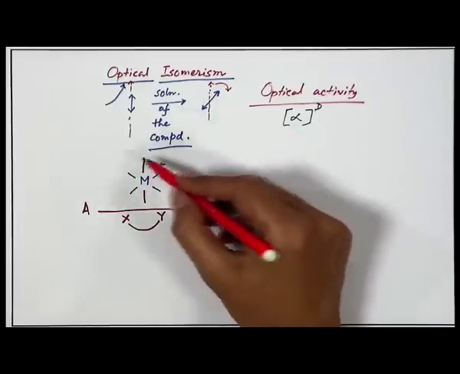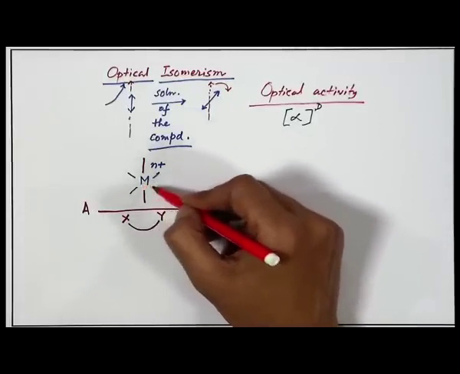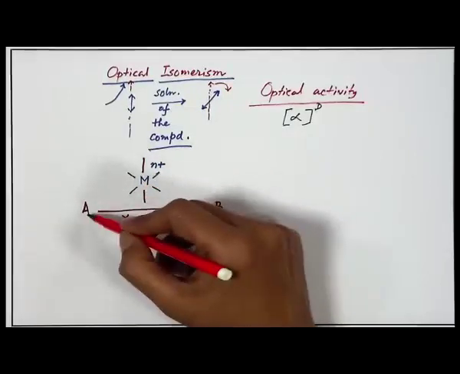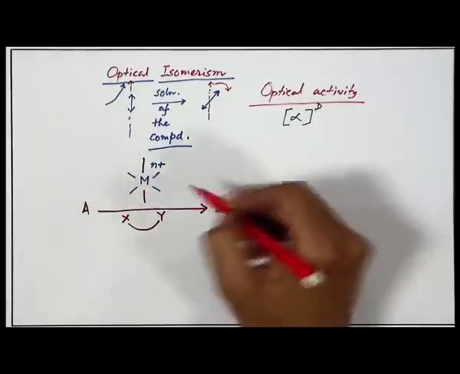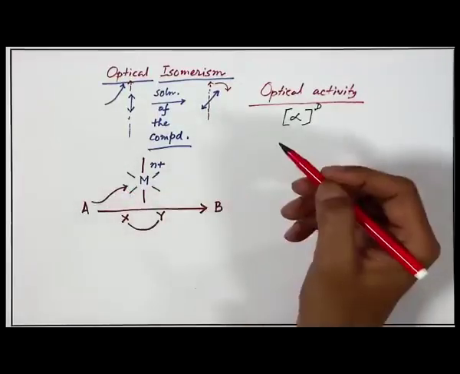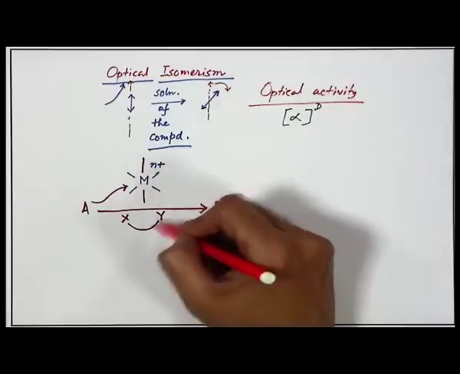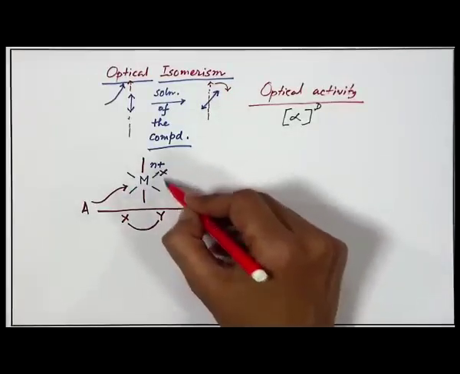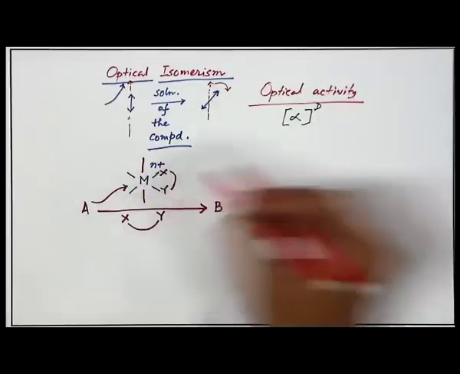That means the metal should interfere with that particular conversion from A to B, and this A can again function as a ligand to that particular center, and this XY is already bound to this particular metal center like this.